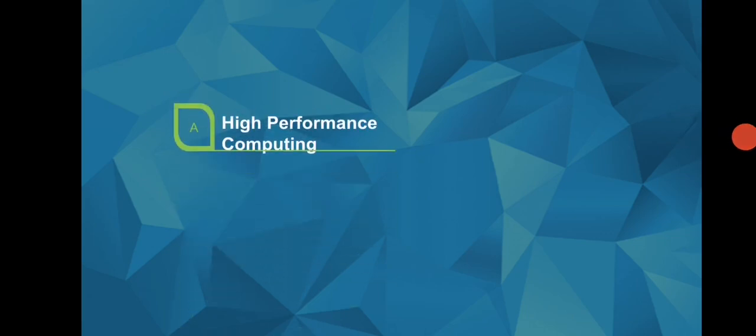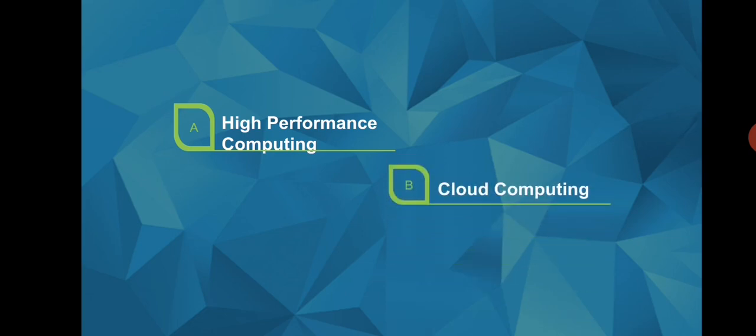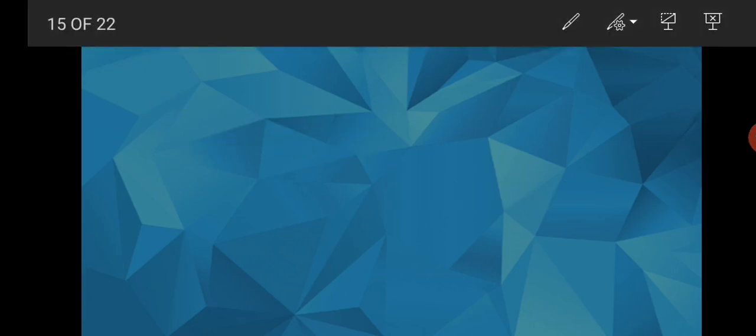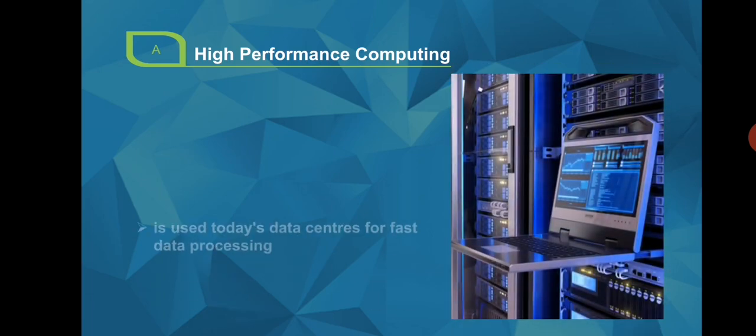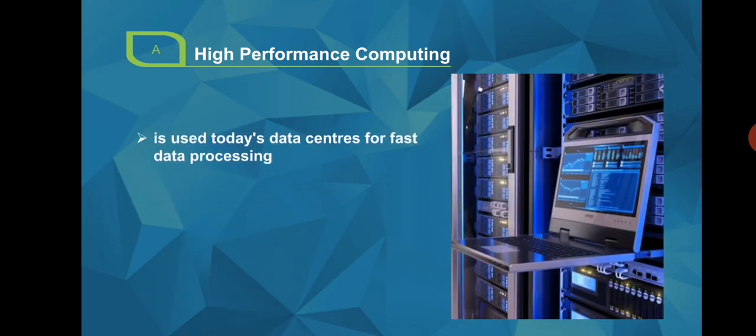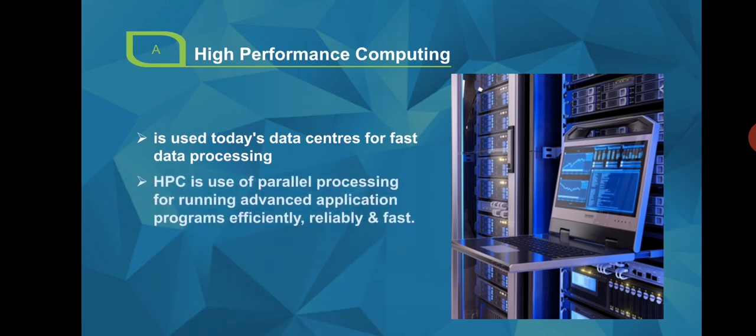Now we will learn what is high performance computing and cloud computing. So let's start with high performance computing. High performance computing is used in today's data centers for fast data processing.